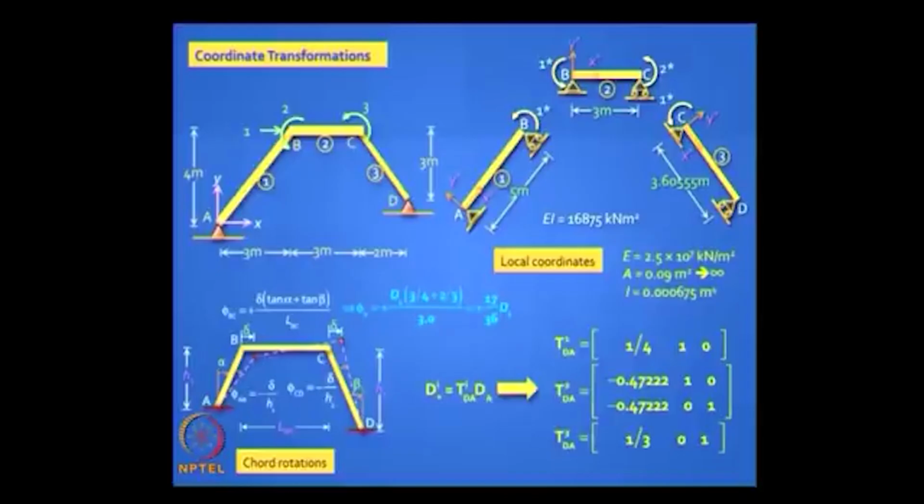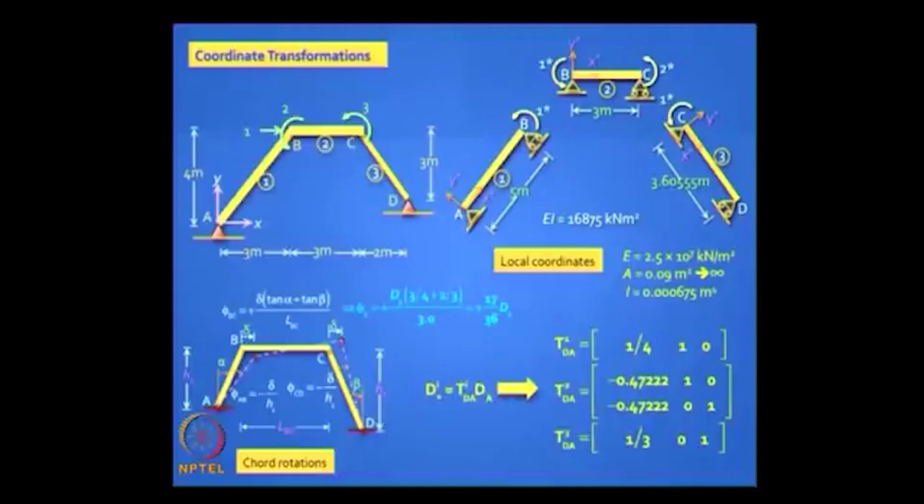If you apply D1 equal to 1, then for the first element the chord rotation is 1 by 4, it is a clockwise chord rotation, so you get equivalent anti-clockwise end rotations, and it will be plus 1 by 4 because anti-clockwise is assumed to be positive in the sign convention.